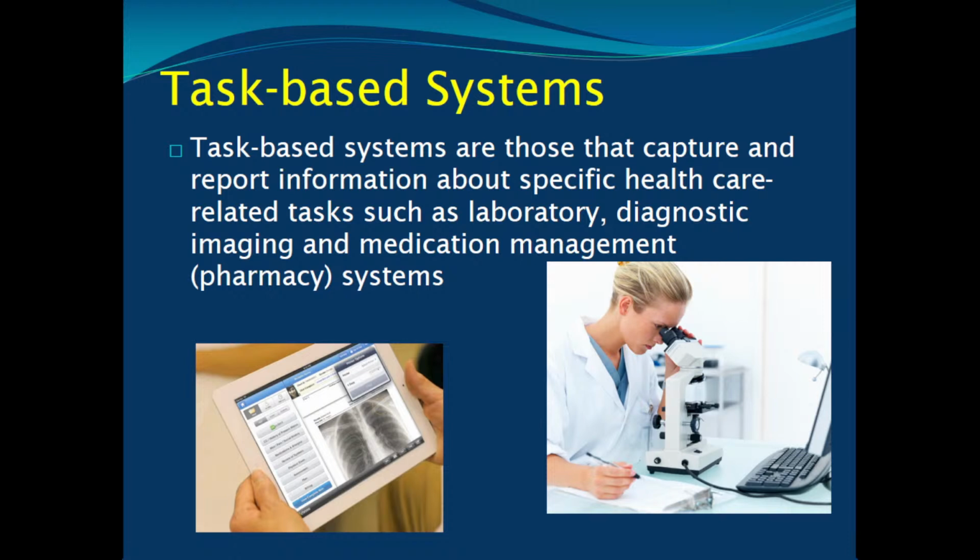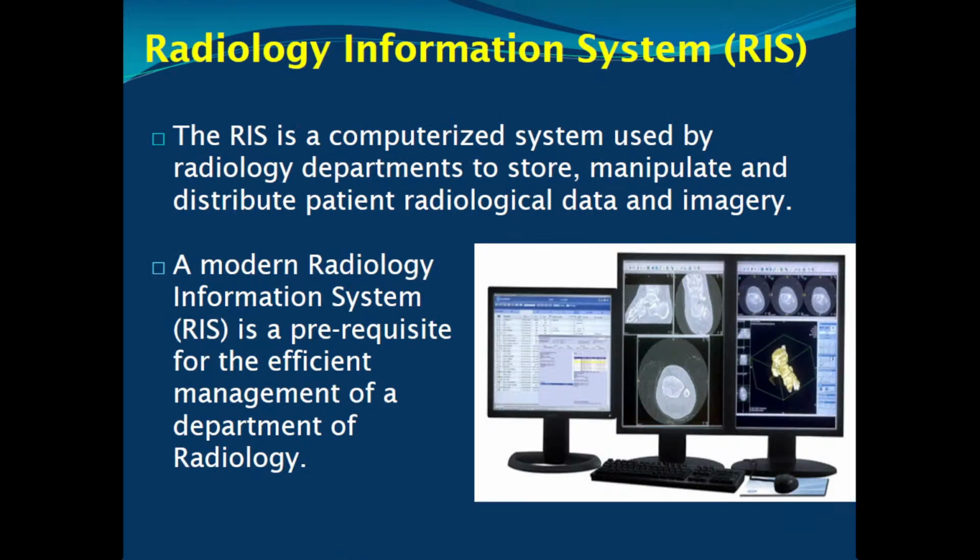Task-based systems are those that capture and report information about specific healthcare related tasks such as laboratory, diagnostic imaging, and medication management or pharmacy systems. This is an example of a task-based system.